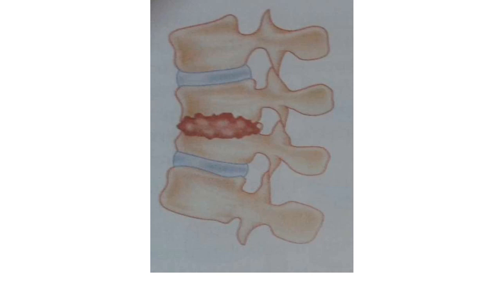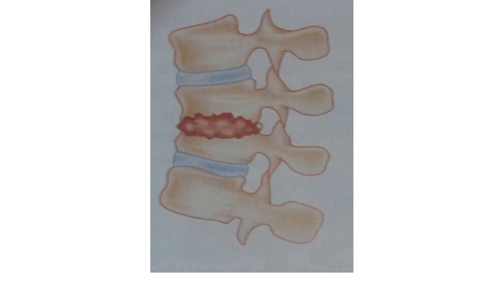So the disease of tuberculosis most commonly involves the anterior column, the vertebral bodies. It hardly involves the posterior column, which means the facet joints or spinous processes or transverse processes.